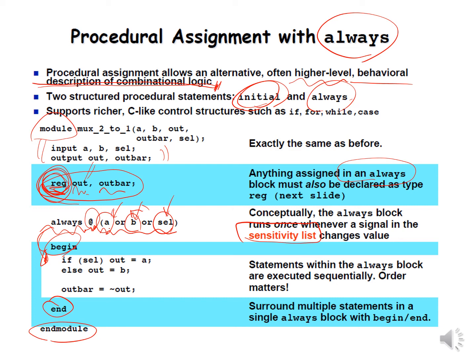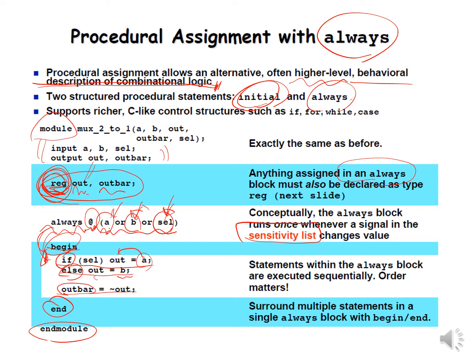So once A or B or sel changes, then we go inside and look at these sequential procedural statements. If sel is satisfied, the output is assigned by A. If not, the output is assigned by B.